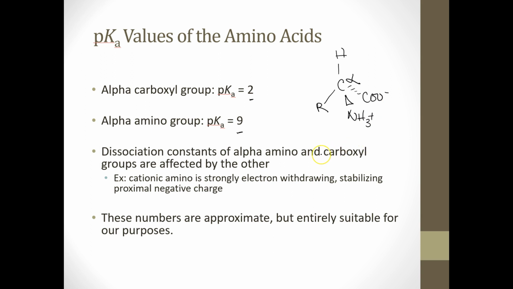The amino group is your alpha amino group, and we have to specify that because there will be basic amino acids which have other amino groups, and there will be acidic amino acids which have other carboxylates. And so when we refer to the alpha amino or alpha carboxyl groups, that refers to the ones attached to the central carbon, the chiral carbon, and is ignoring the potential amino or carboxyl groups occurring in the R group.